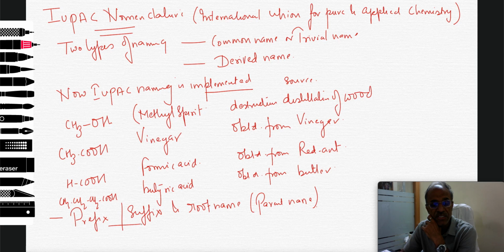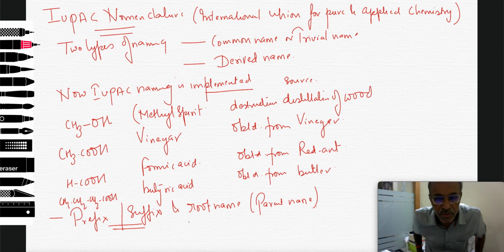Prefix and suffix of a particular functional group, you can see in the previous lectures. Now, what do you mean by root name? Root name is nothing else but the presence of carbon atoms in a particular compound.